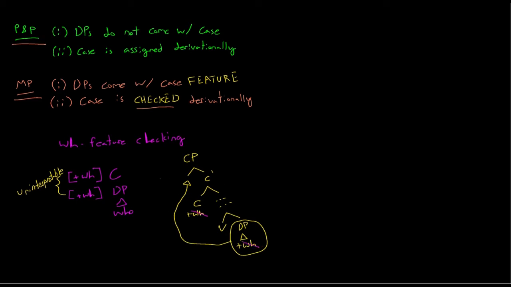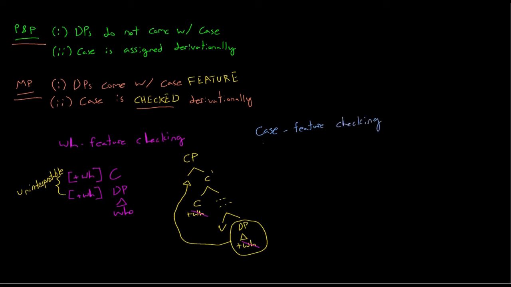Now, notice that by adopting these two assumptions, we get this structural isomorphism between WH feature checking and case feature checking.